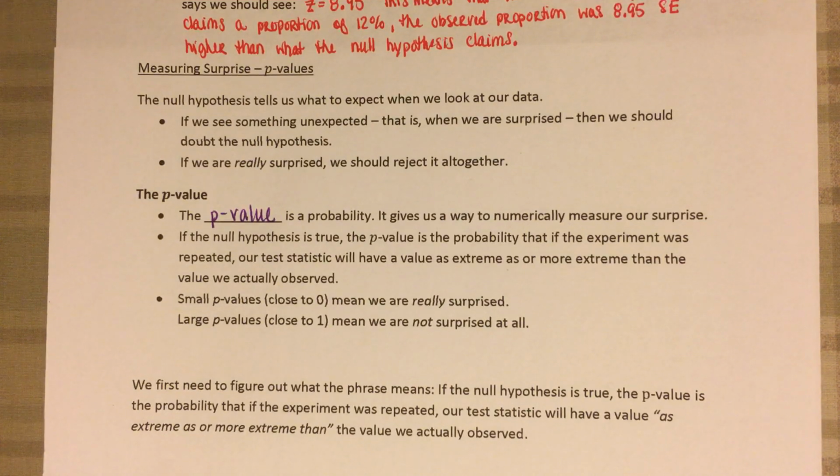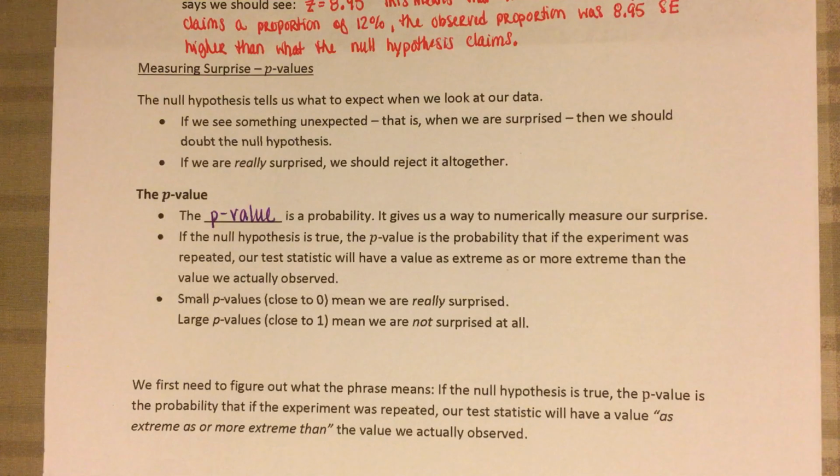As we're looking at this, what does that phrase in the second bullet point mean? If the null hypothesis is true, the p-value is the probability that if the experiment is repeated, our test statistic will have a value as extreme or more extreme than the value that we actually observed. So this is saying that if we were to repeat this experiment, would we likely get similar results?